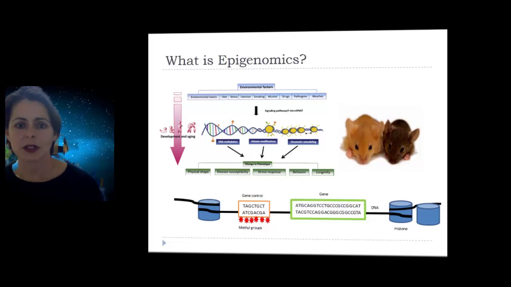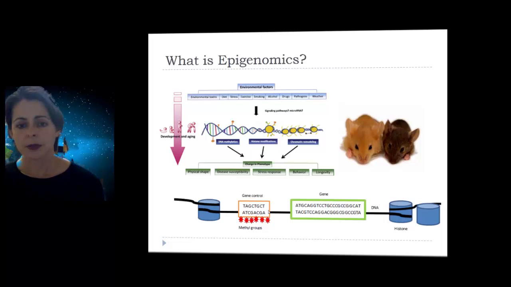Histone modifications and chromatin remodeling is another epigenomic mechanism, whereby how accessible that piece of DNA is gets altered. In order for a gene to be switched on, it needs to be accessible to all of the transcription machinery. So it needs to be uncoiled and not coiled around the histone proteins that make up the chromatin structure.